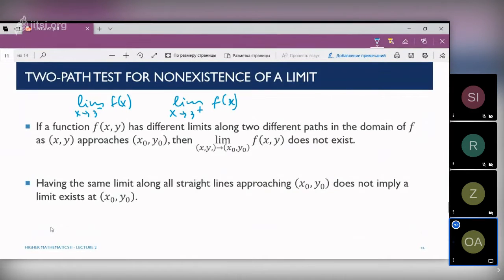For the function of several variables, especially of two variables, we also have this kind of notation. So if the function f(x,y) has different limits along two different paths in the domain as (x,y) tends to (x0,y0), then this limit does not exist.